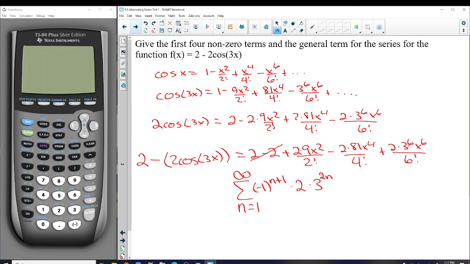So 3 to the 2n, but it starts at 2, 4, and 6. So if I plug 1 in, oh, that gets 2, doesn't it? Yeah, we plug 1 in, we get 2, plug 2 in, we get 4, and so on. Got it. Got that piece. And then over 2n factorial. Yeah, we found the general term as well. Actually, we found the series.